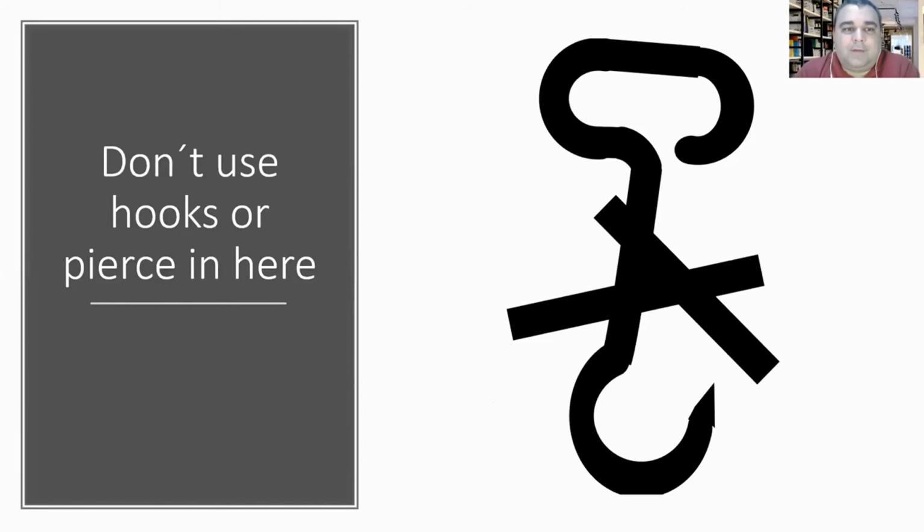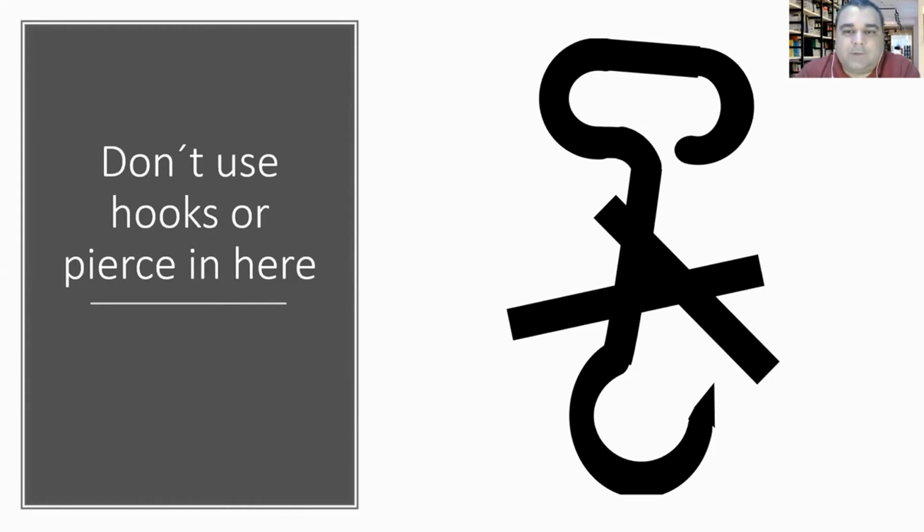Here is the symbol for not using a hook. Sometimes you have an opening in the package to save weight or to allow inspection of the product inside, or even to hold the package with your hands, but it's not meant for the use of hooks.